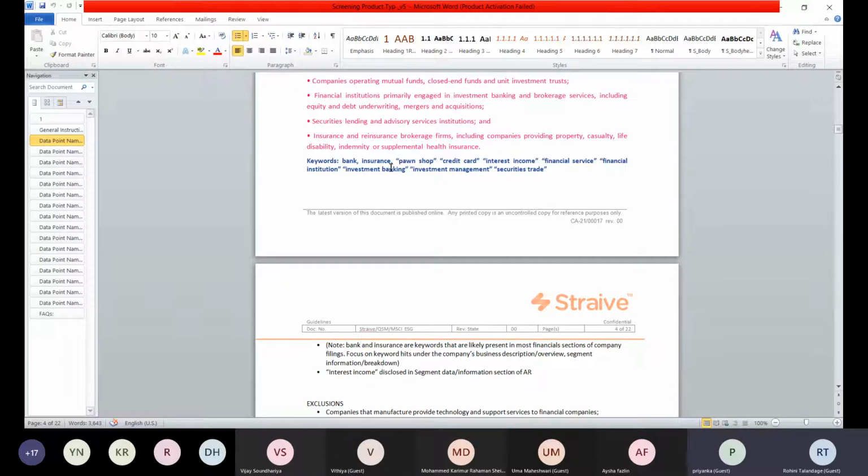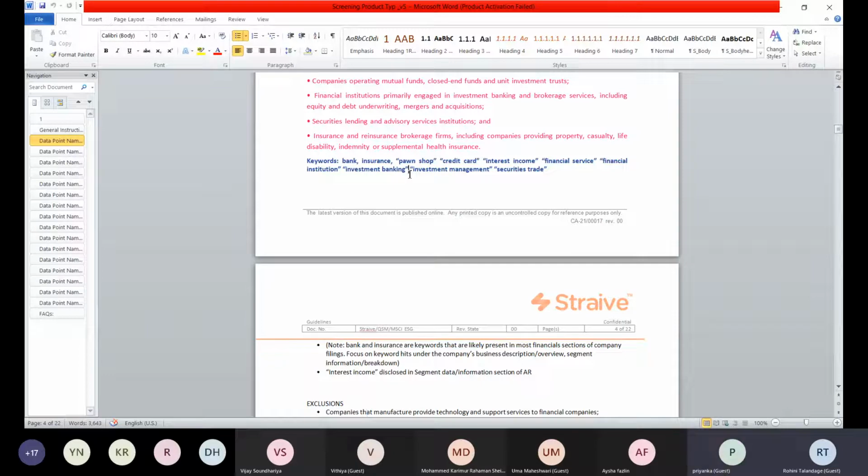In that case, you need to check whether that bank or insurance service they have given it under their business description or business overview. If they are saying they are providing any insurance services or any banking services, you have to read that line. If you are searching any keyword, you have to read that line properly, then only take the decision whether we have to mark yes or no.